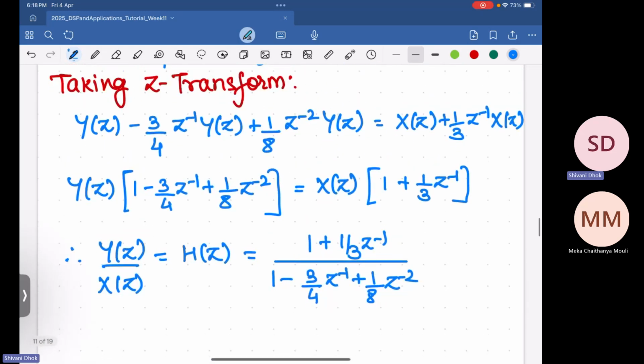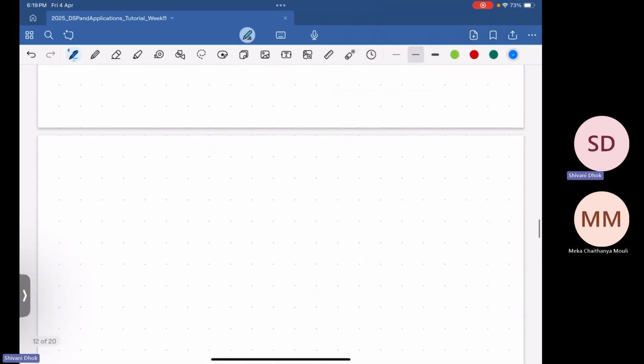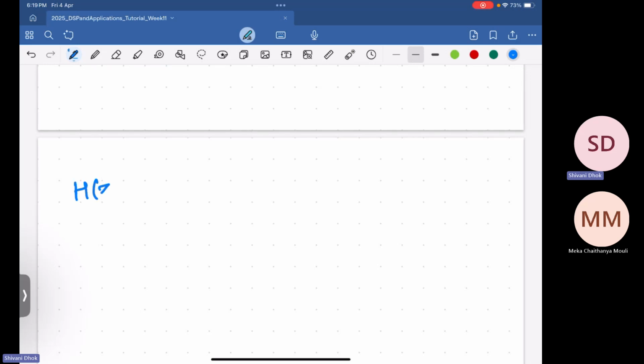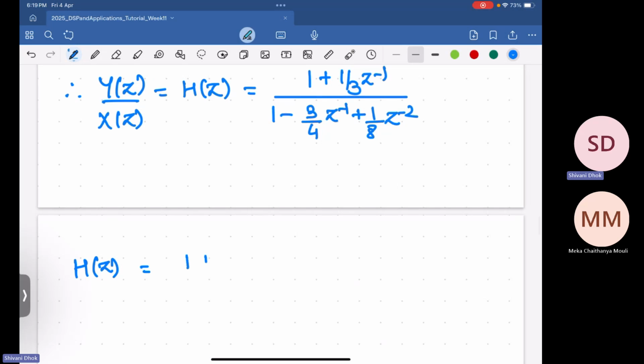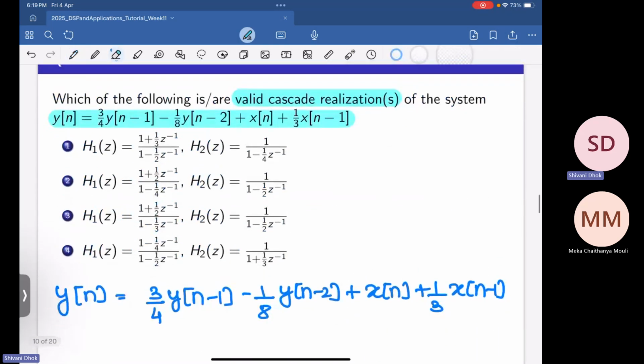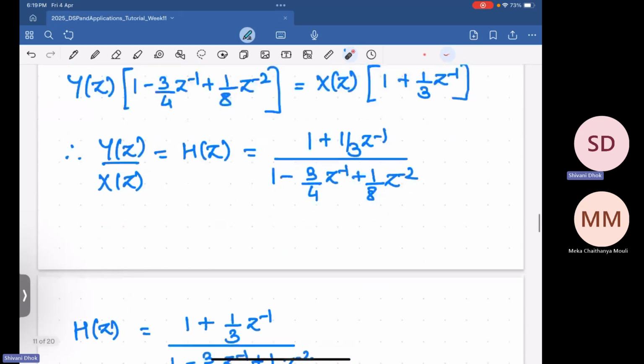So what we have obtained now is H(z) equal to 1 plus 1/3 z inverse divided by 1 minus 3/4 z inverse plus 1/8 z to the power minus 2. If you observe carefully, z inverse has power 1 in all these factors.